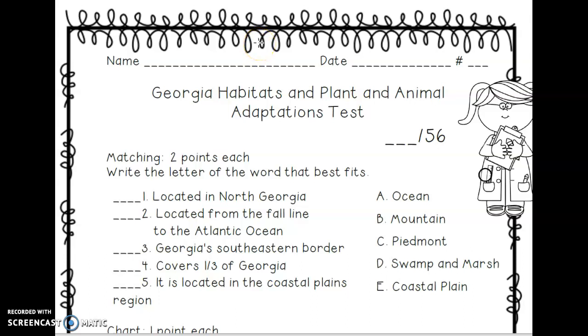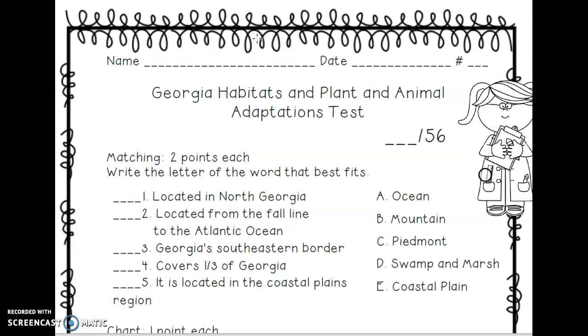Number 3, which habitat is located in Georgia's southeastern border? Take a moment to think about it. Remember, if it's on the border, then it must be which habitat. If you said ocean, A, you're correct.